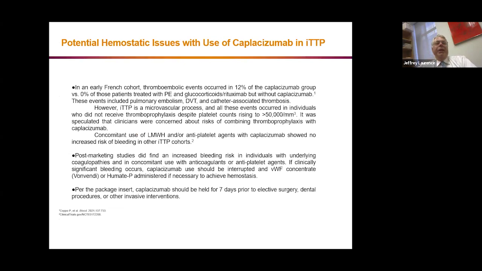The potential issue you need to realize, of course, if you treat TTP with caplacizumab is you're inducing a von Willebrand's disease. You're blocking platelets from binding to von Willebrand's factor, and so you're going to have a bleeding risk. In fact, I'd say about a third of the patients that I treat develop epistaxis.